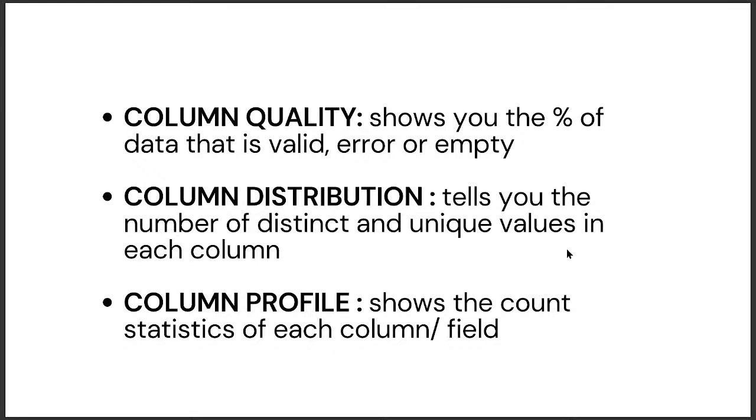Imagine you are analyzing a data set of babies, and you have a particular column that contains the weight of babies. Getting the column profile of that column is going to show you the count of the values in the column, that is how many values are in the column.